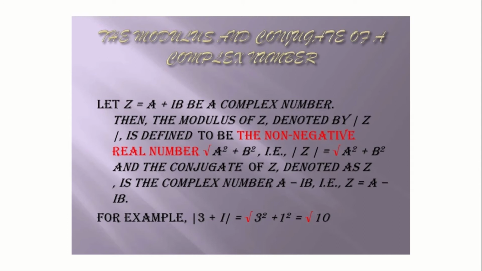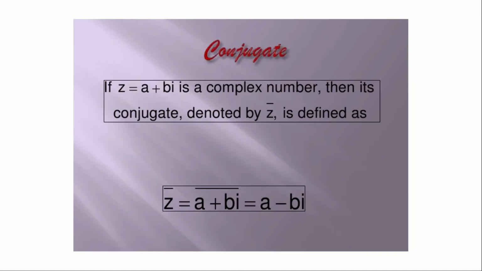And the conjugate of z, denoted z bar, is the complex number a minus ib. If z is a plus ib, the conjugate of z is a minus ib. Therefore, the modulus is a non-negative real number. When a negative number comes, the modulus will change into a positive real number.